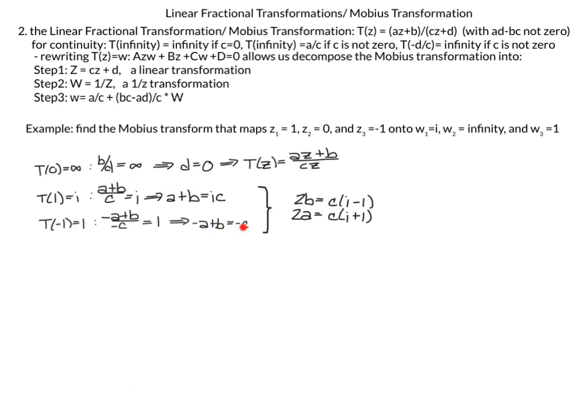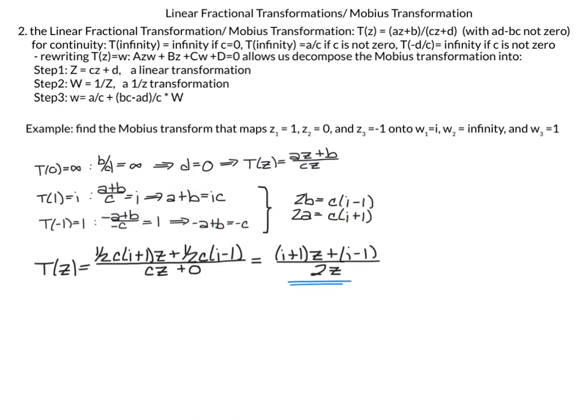When I solve these two equations, first I can add the two equations together, and I get 2b equals c times (i minus 1). When I subtract these two, I get 2a, and these go away, and then I get c times (1 plus i). So here I can solve for a is going to be 1/2 c times (1 plus i).